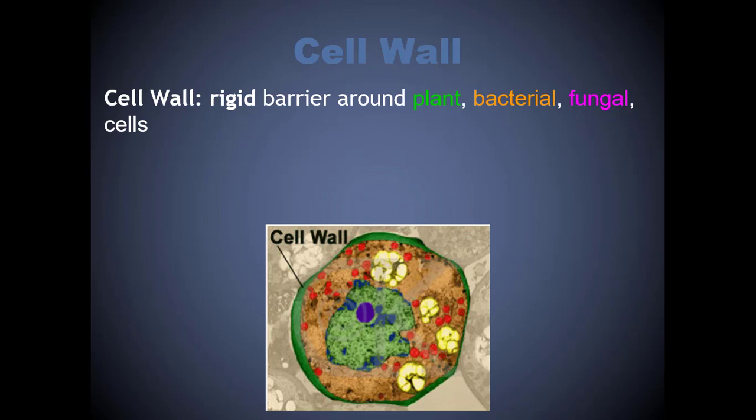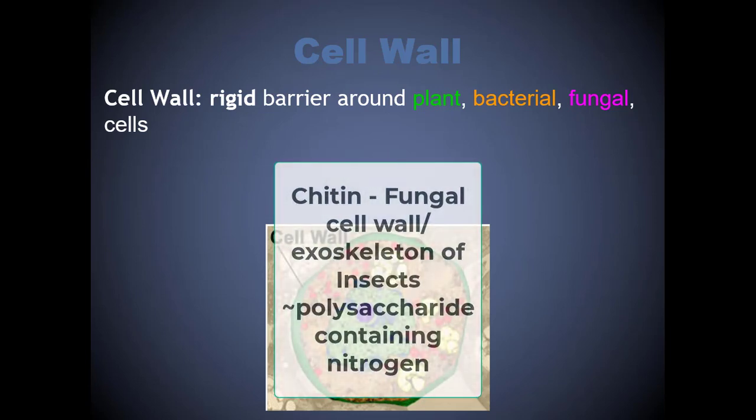The fungus have the chitin, which is also a form of polysaccharide or carbohydrate, forming the cell wall. Okay, so it's generally outside of the cell membrane, if it is present.